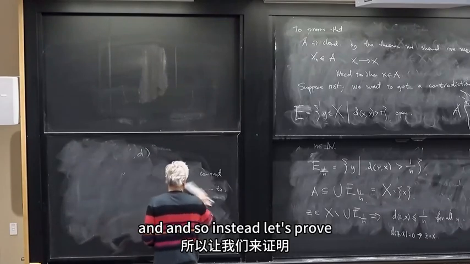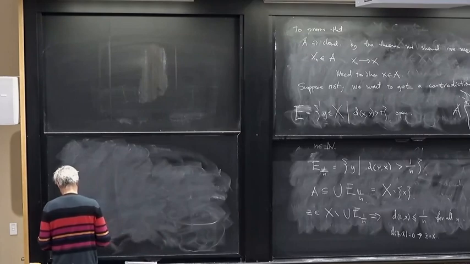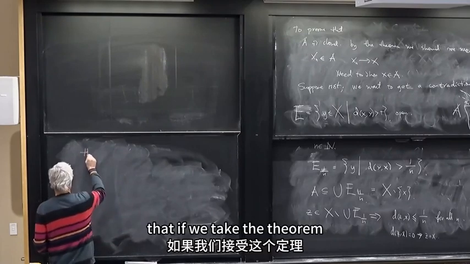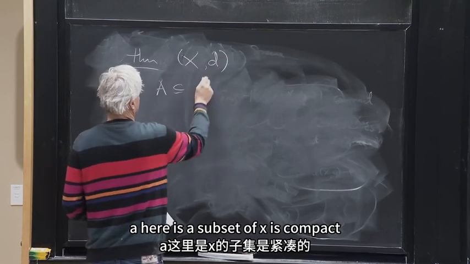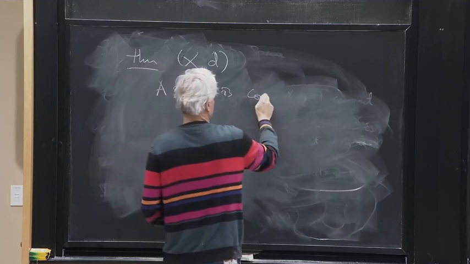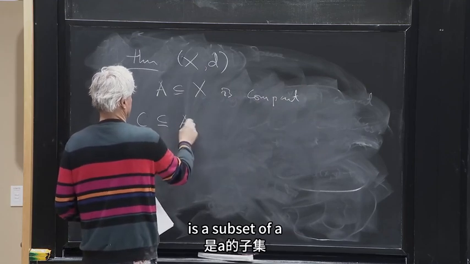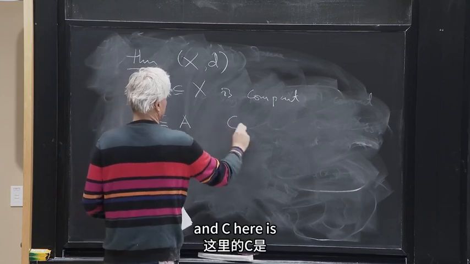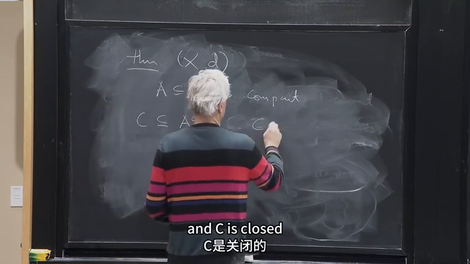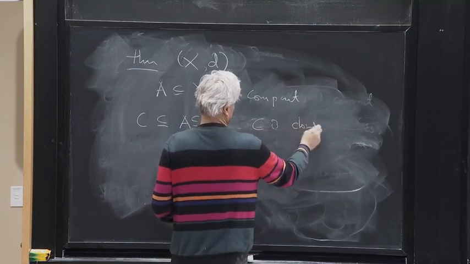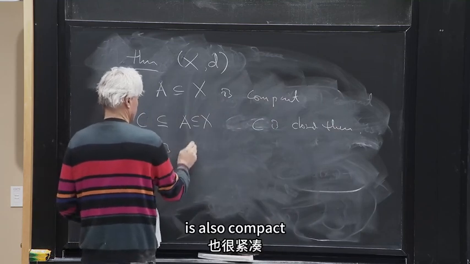And so instead, let's prove a theorem here. If you have a metric space, and A here is a subset of X that is compact, suppose that C here is a subset of A, so this is of course in X, so C is also a subset of X, and C is closed, then the claim is that C is also compact.